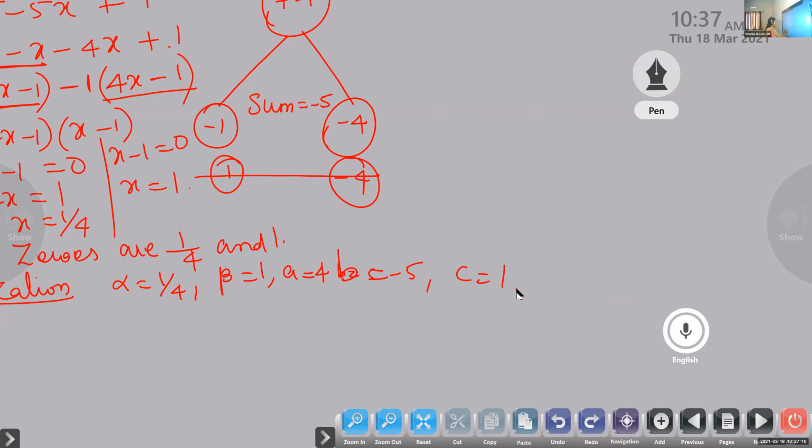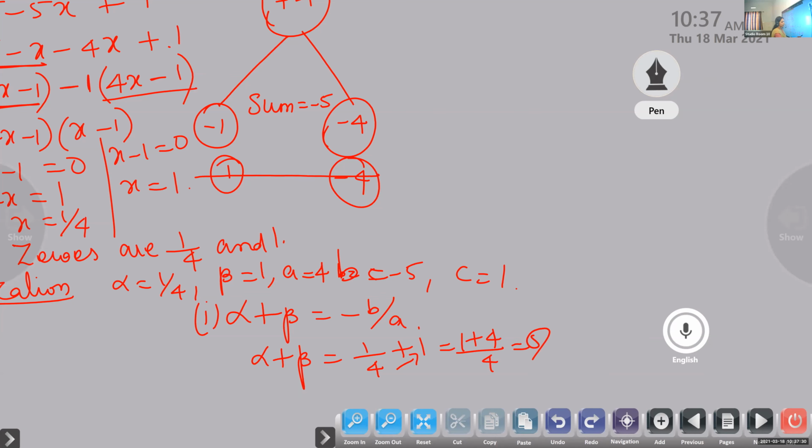Now verify the relation. The first one you have to verify is alpha plus beta is minus b by a. So find out what is alpha plus beta. 1 by 4 plus 1. You take the LCM, it is 1 plus 4 by 4, which is 5 by 4.